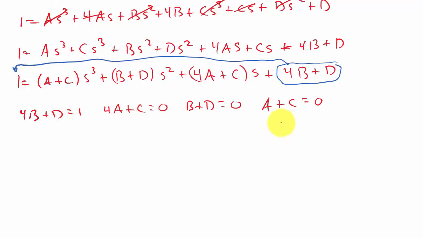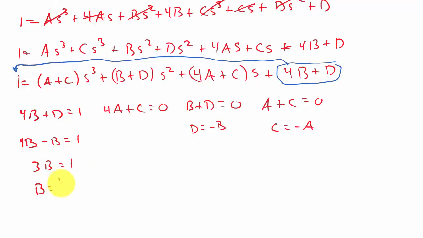Alright, well, here I have C is equal to negative A, and I have D is equal to negative B. So look at this D here. I can replace it with negative B. So 4B minus B is equal to 1. So 3B equals 1.